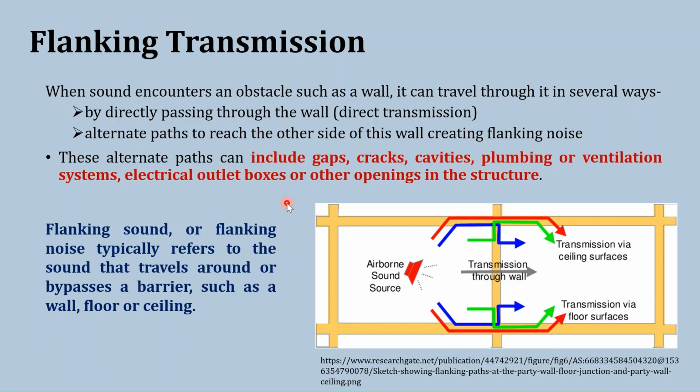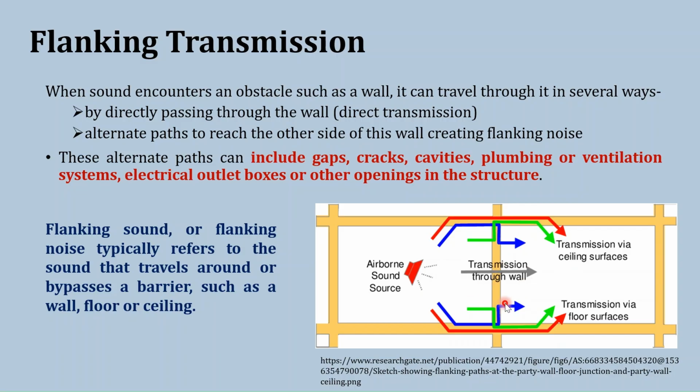Have you ever experienced that even after closing the doors and windows of the room, you are still able to hear the sounds of the nearby room? That may occur because of flanking transmission. When a sound generated inside a room encounters an obstacle such as a wall during its propagation, it can travel through the wall in two ways: either directly passing through the wall, which is referred to as direct transmission, or it can select an alternate path to reach the other side.